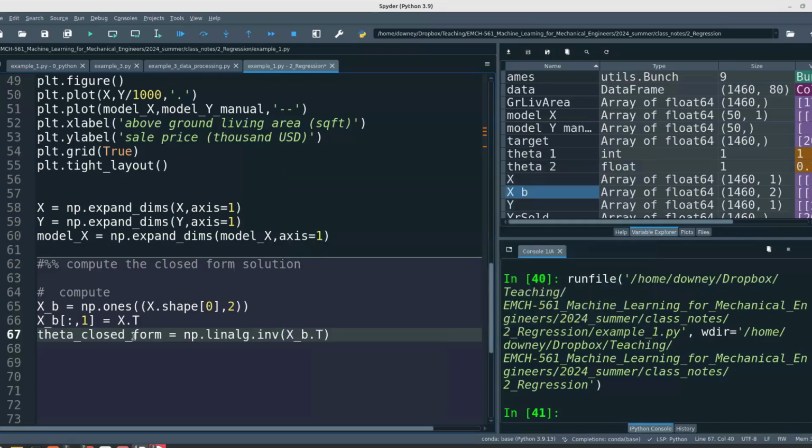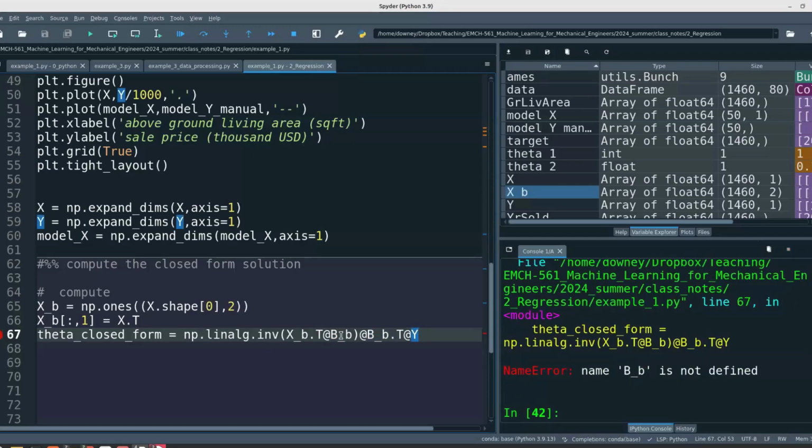I need to take a transpose of that. Matrix multiply, which a way to do matrix multiply is just to use the at symbol, of x underscore b. And now that's going to be my inverse. And now I need to multiply that by x underscore b transposed, which was on the outside of my inverse. And then I had a last matrix multiply of y at the end.